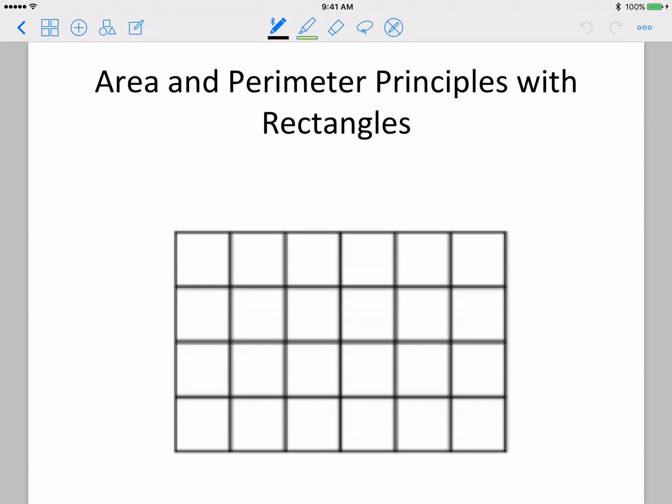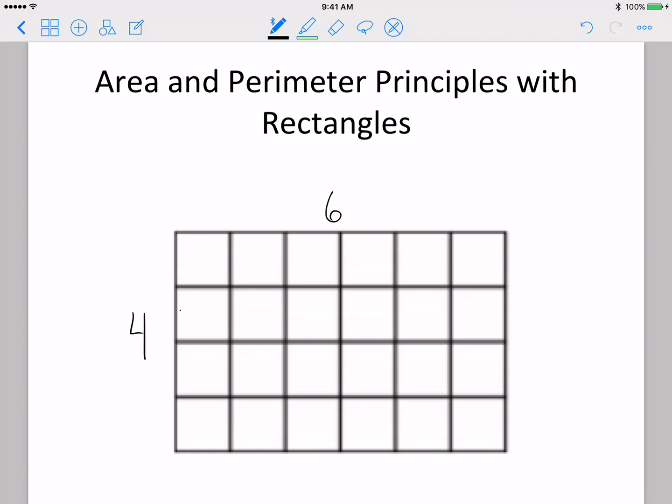So we know that this is 1, 2, 3, 4. There are 4 rows. So we know that the length of our outside here is going to be 4. And then we're going to look at our columns. We can see that we have 1, 2, 3, 4, 5, 6. So our distance up here is going to be 6.